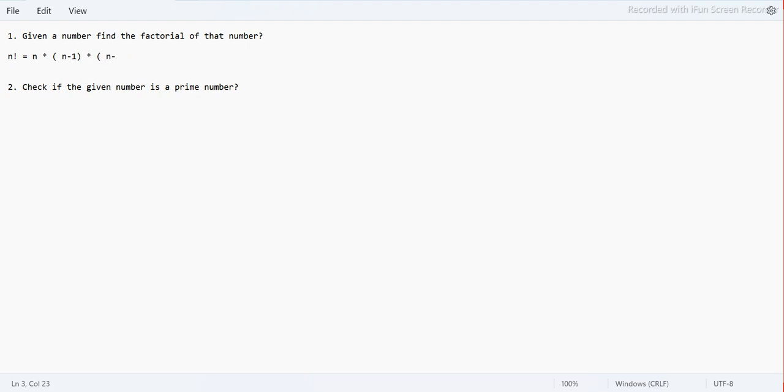So something like this, just multiplying all the numbers, n into n minus 1, and so on, down to 2 into 1. So this is called the factorial, right?